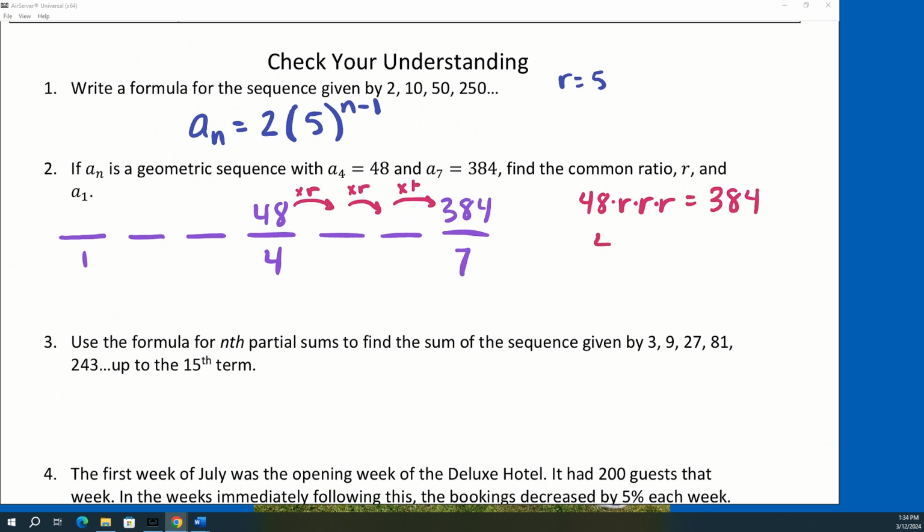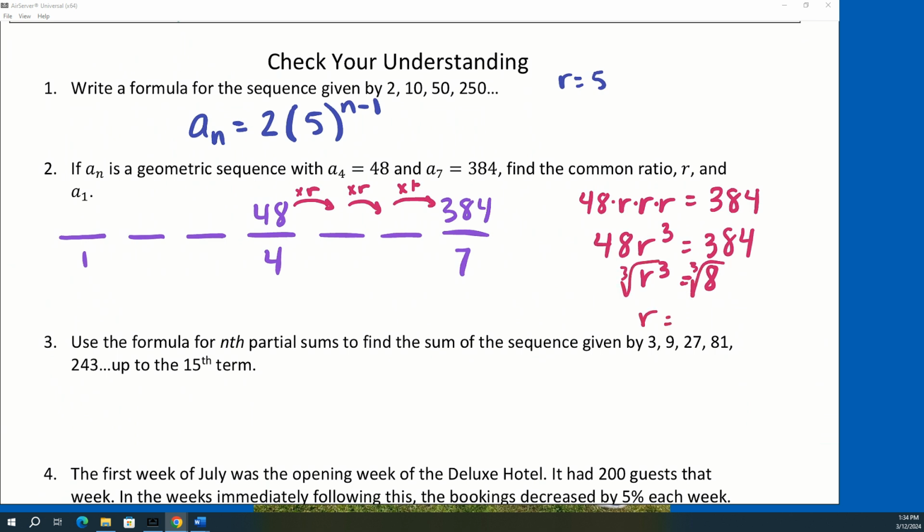What is r times r times r? You guys are so smart. All right, then we're just going to solve this for r by dividing by 48. And then this is what r cubed is. What do we do to find what r is? Take the cube root.